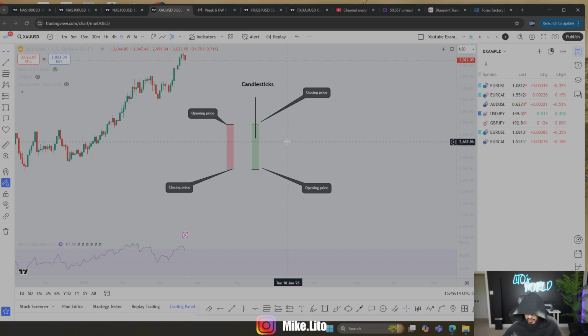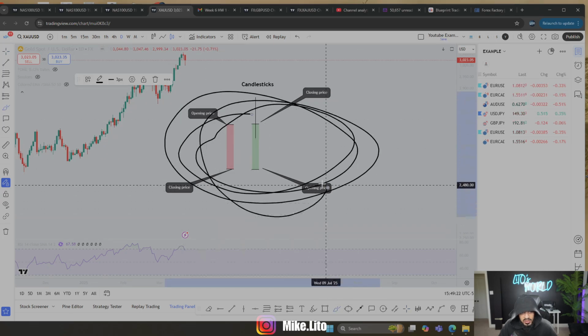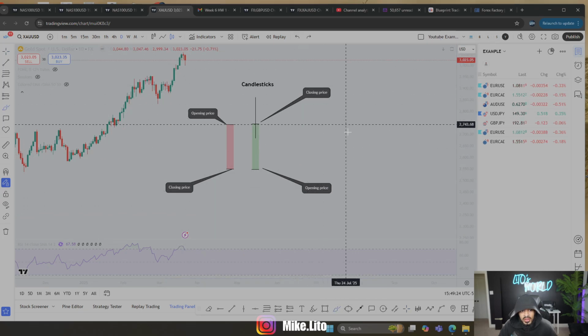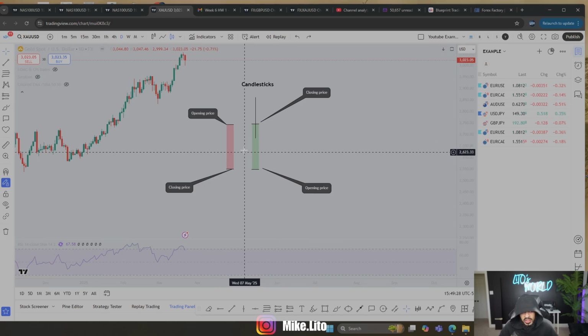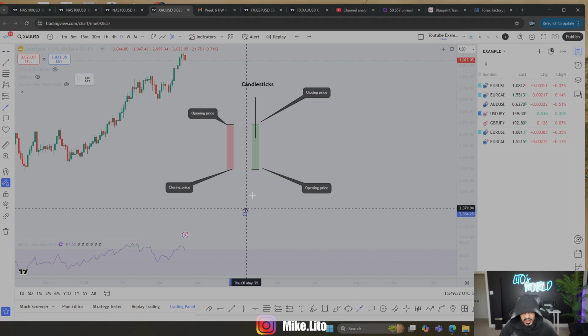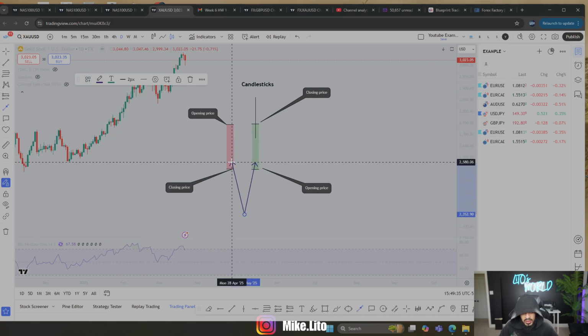understand, right? Now, another concept that you want to understand is that inside of these candlesticks, there are details that are telling us what's happening on other time frames. So let's just equate these candles to daily candles. That means that this candle is one day, this candle is another day.